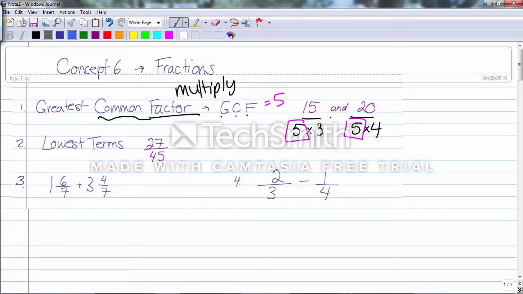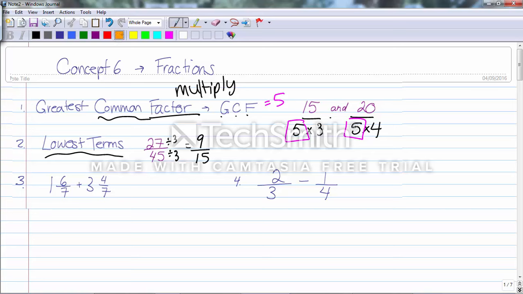Now the other thing that you often need to do in fractions is putting it in lowest terms or reducing your fractions. This I find kind of tricky. It might take a couple steps, and that's okay. So for example, if we're looking at 27 and 45, I know both are divisible by 3. Right? Because 27 divided by 3 is 9, and 45 divided by 3 is 15.